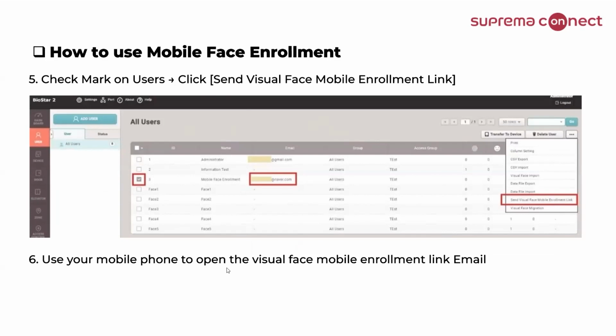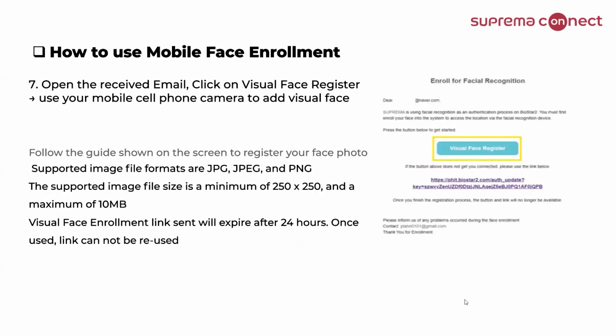Use your mobile phone to open the visual face mobile enrollment link in your email. Open the received email and click on visual face registration. On the right is how your email looks. You're going to get an email stating how to enroll facial recognition. Follow the guidelines shown on the screen to register your face photo. Supported image files are JPG, JPEG and PNG files.